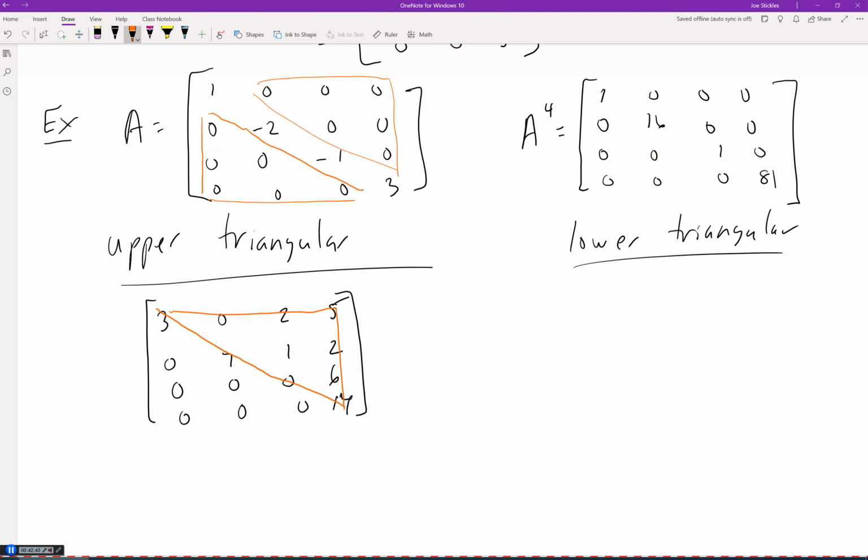You can do lower triangular in the same fashion. Lower triangular. I'll do a smaller matrix this time. I'll say 6, 0, 0, 4, negative 3, 0, 5, 7, 2. Again, here's your main diagonal. This is your lower triangle.